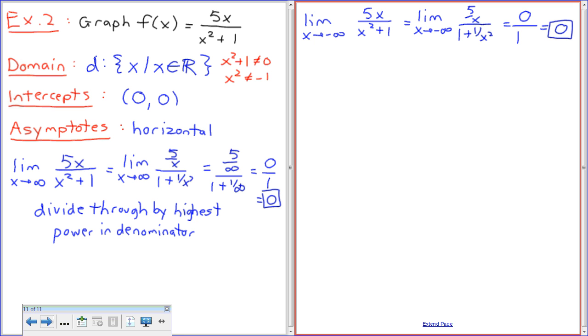Okay, I'm going to hit pause in the video and you guys are going to find some derivatives for me. We'll solve them together as a class, but if we know that f of x is equal to, I should write critical numbers on there first. f of x equals 5x all over x squared plus 1.